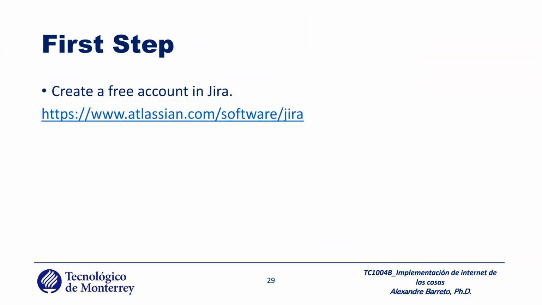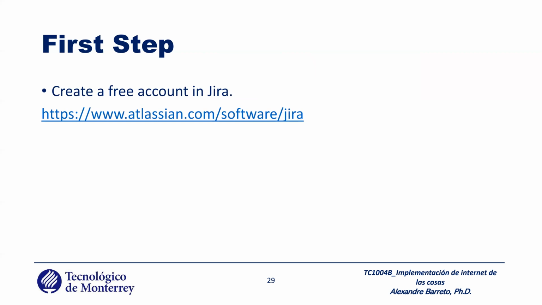The first thing that you need to do is create a free account in Jira, okay? And for each group, the first step is you define the guy that assumes the Scrum Master. One in your group will become the Scrum Master, and the others are the team.